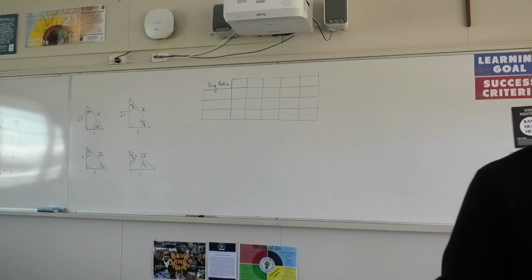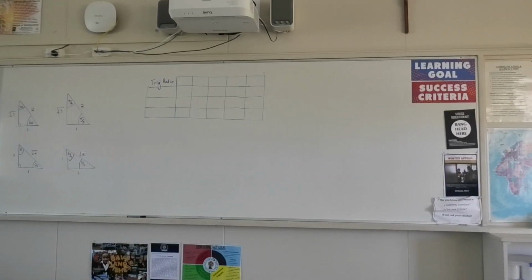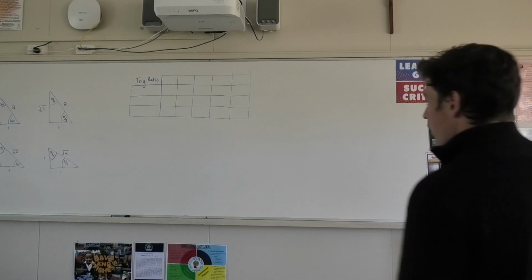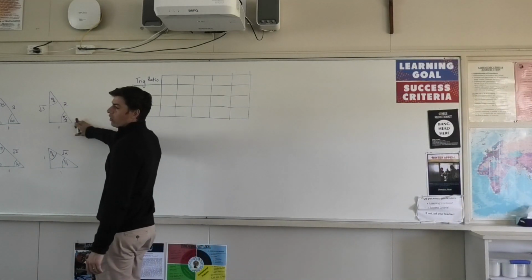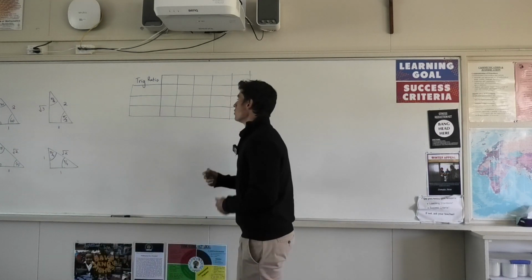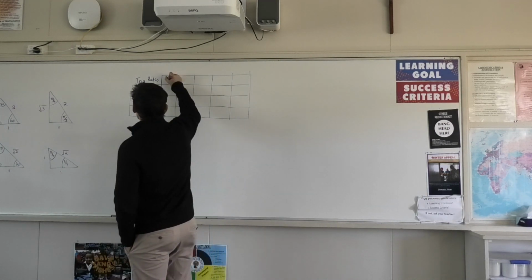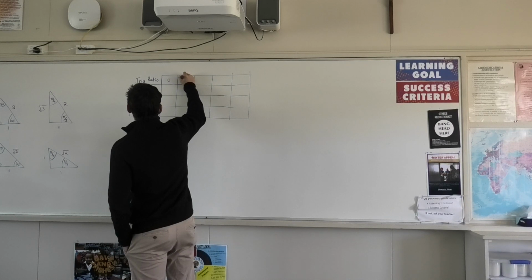So, on this table here, this is how we can also remember it if we are struggling on recalling our triangles. Or the triangles help us fill out the table. I want you to write the following values in.